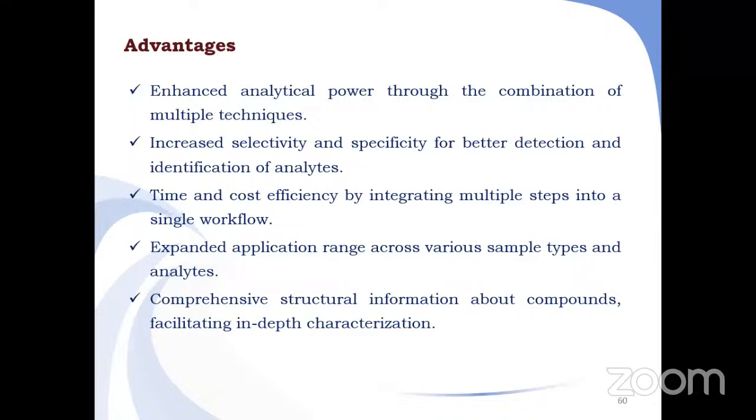Of course, disadvantages are also there with these hyphenated techniques: complexity and high instrumentation costs, and challenges in method development and optimization. Hyphenated techniques include different types, each having advantages. Over that, the LCMS is the highly advanced technique.